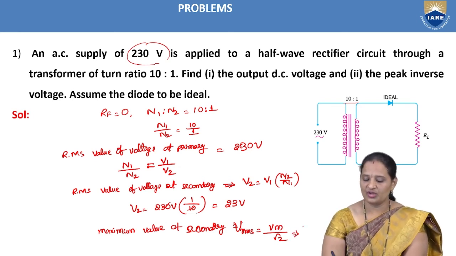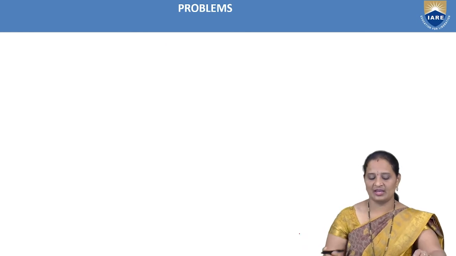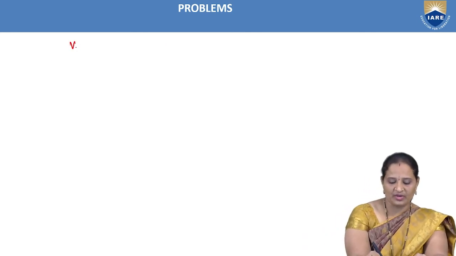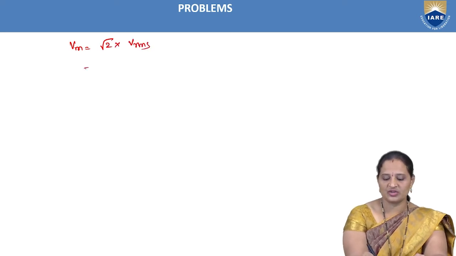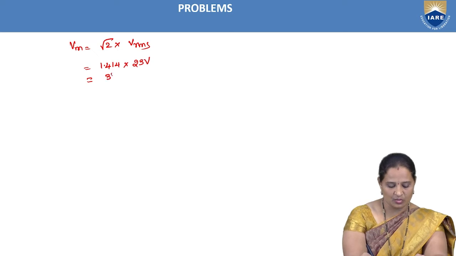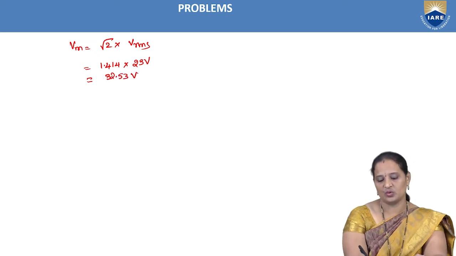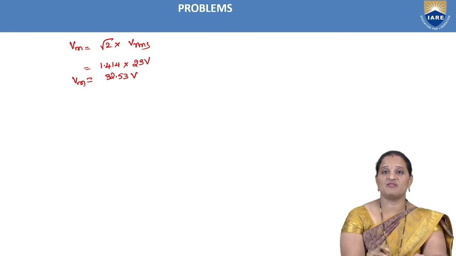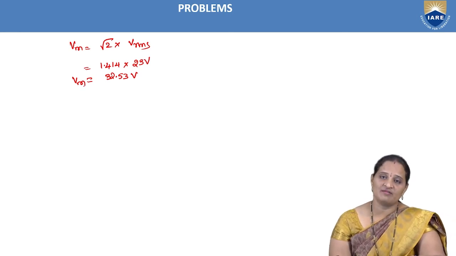From this we can calculate Vm equals root 2 into Vrms. As we know, root 2 is 1.414, into Vrms at the secondary winding, which we calculated as 23 volts. This gives 32.53 volts. This is the maximum value of voltage at the secondary winding.